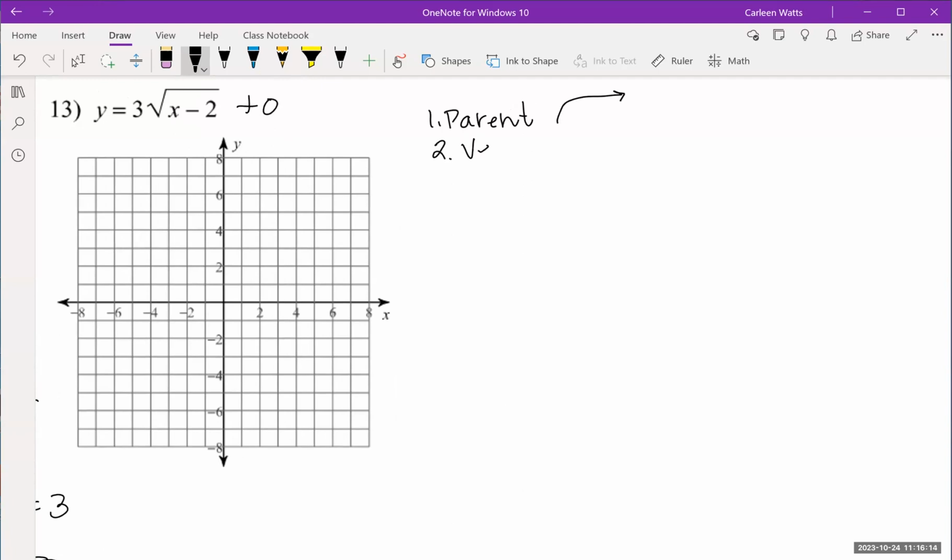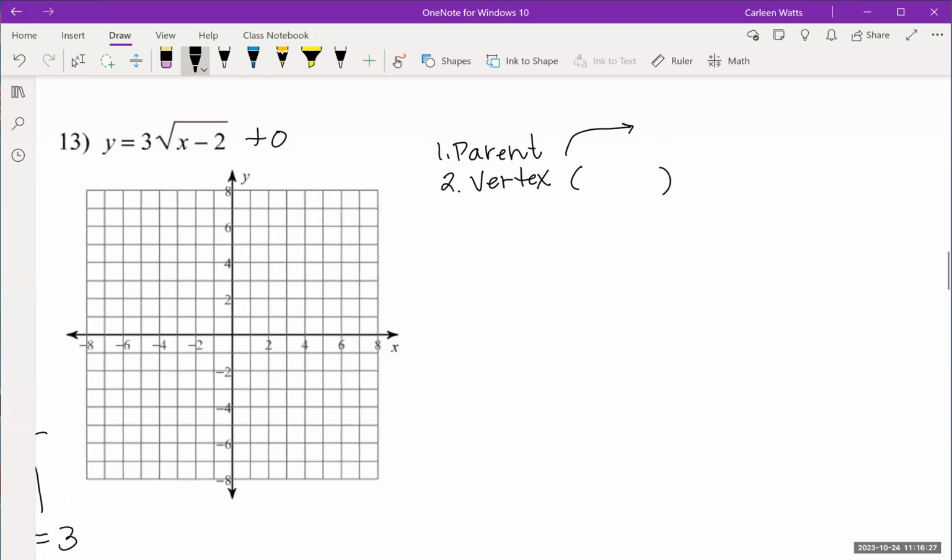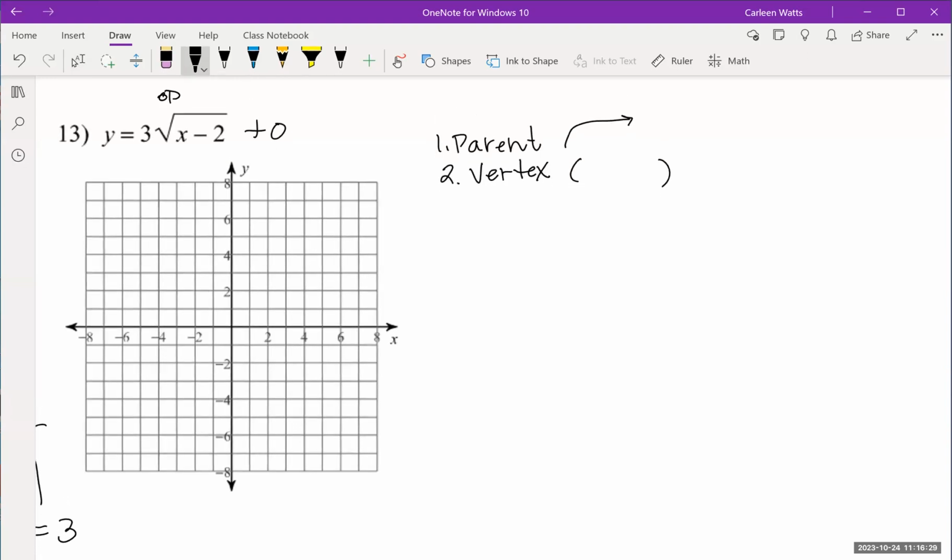The vertex. Okay, anyone ready to guess the vertex of this function? Opposite. Same. Okay, so what is the x coordinate of the vertex?